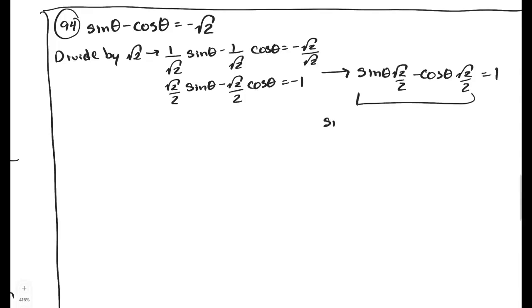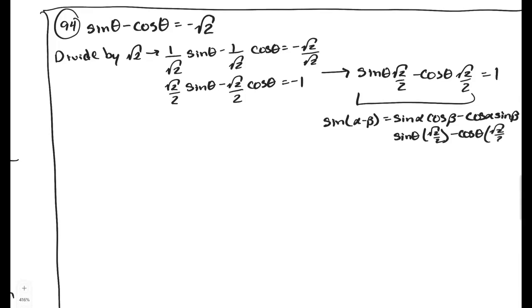We know sine of alpha minus beta is equal to sine of alpha cosine of beta minus cosine of alpha sine of beta. And I'm just going to write sine of theta times square root of 2 over 2 minus cosine of theta times square root of 2 over 2 underneath that.